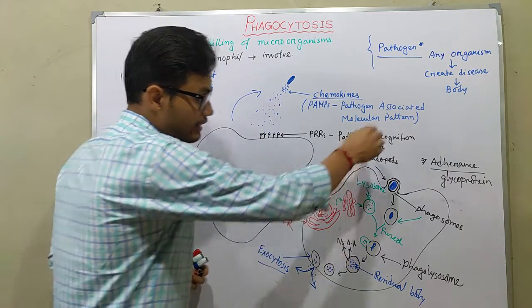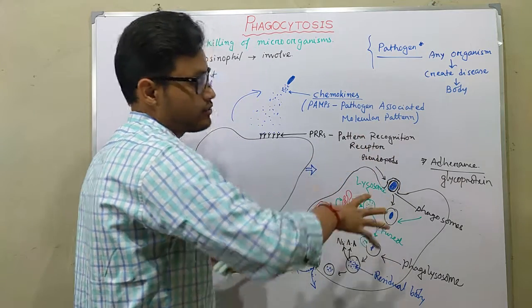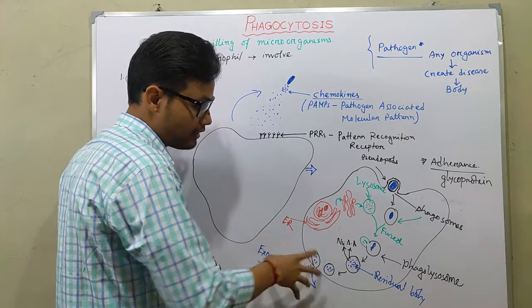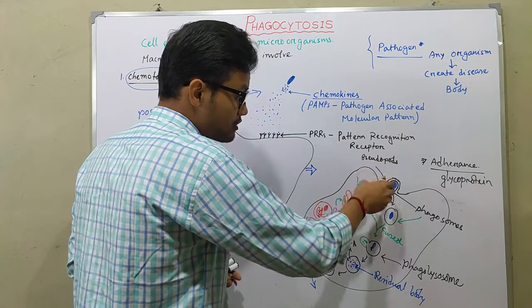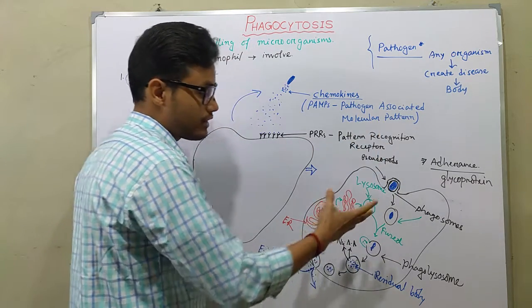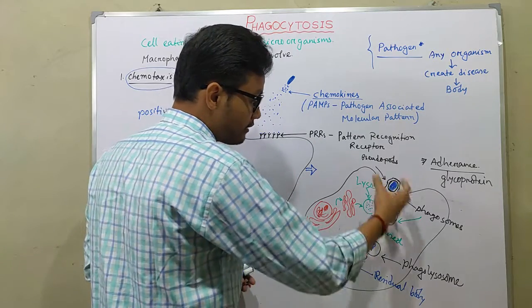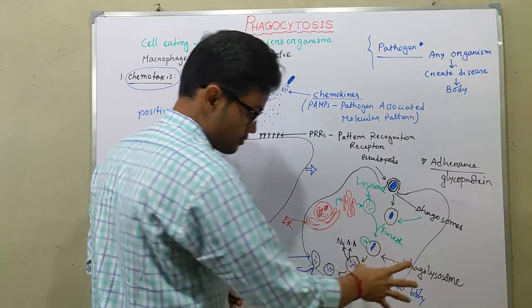So ingestion or taking in of the vesicle is known as endocytosis, and leaving out of that material is known as exocytosis. So here, by the process of endocytosis, those microorganisms or pathogens are taken inside of that cell, and after that those phagosomes are fused with lysosomes and make a phagolysosome.